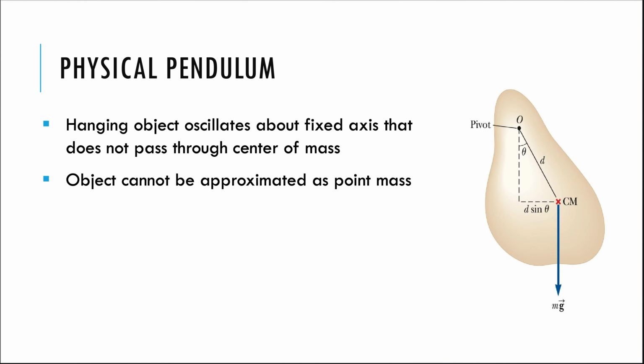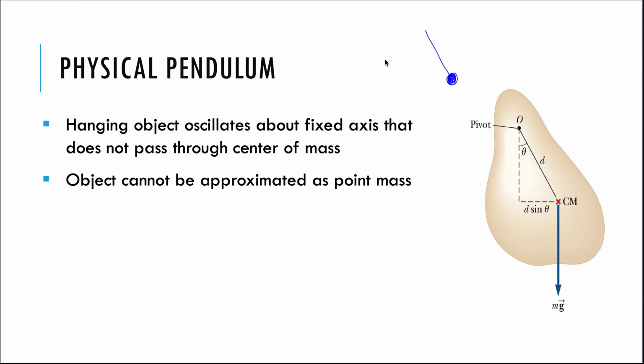We just talked about a simple pendulum where you had a mass on a string and we completely ignored the mass of the string. All the mass of the object was concentrated where the mass was hanging on the string.